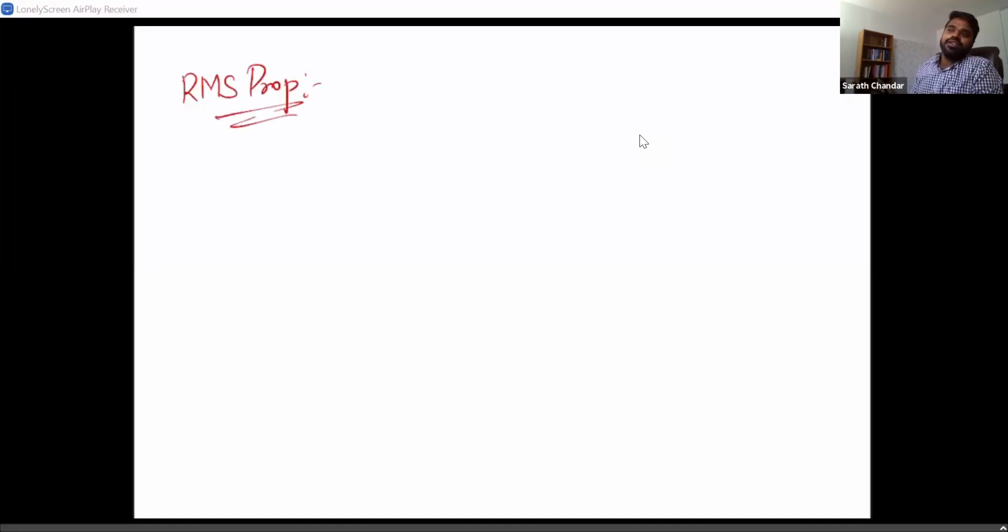Now instead of having an accumulation of all the gradients, we are going to have a running average in such a way that you're slowly decaying the effect of previous gradients. So we are going to use a moving average of gradients. How am I going to do that?